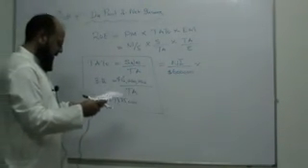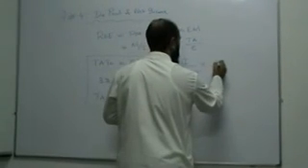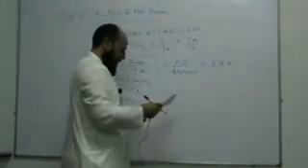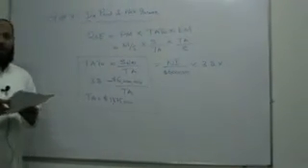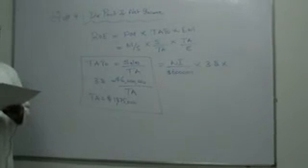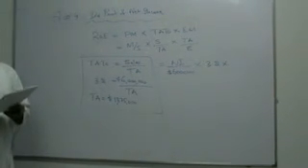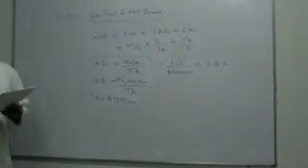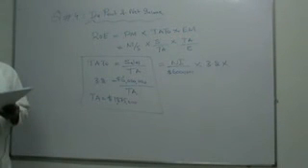Total asset turnover is given, 3.2. Equity multiplier is total assets divided by equity. So equity is not given, but it is mentioned that this company is 50% equity financed.